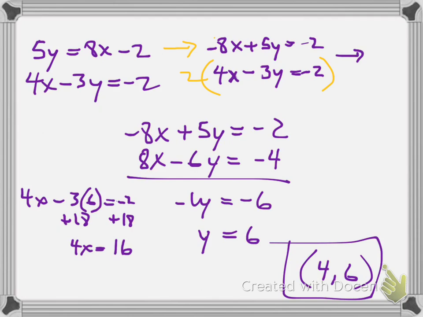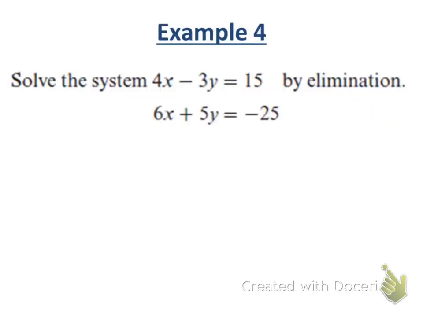Okay? All right? So elimination, sometimes you have to move things around to get your terms lined up, and you can multiply to get opposites. All right? And then one other example we'll look at is this one. To solve the system by elimination.